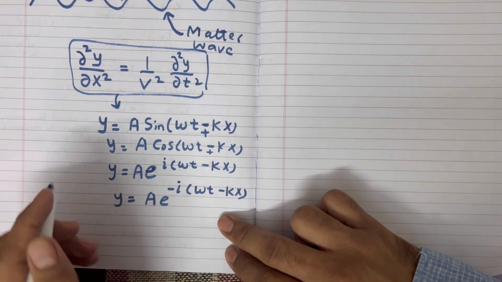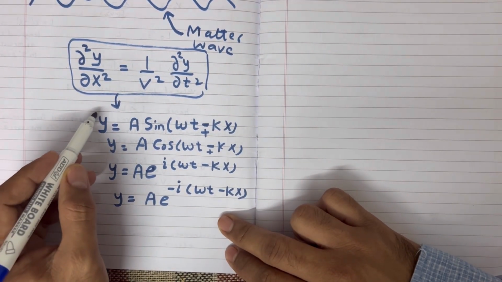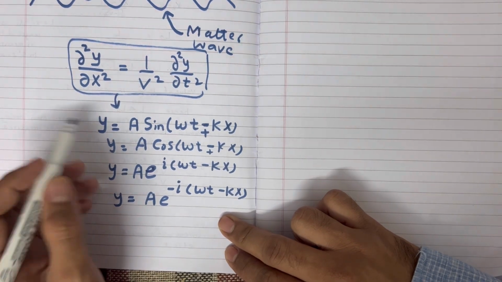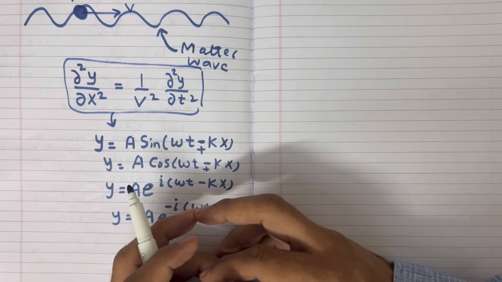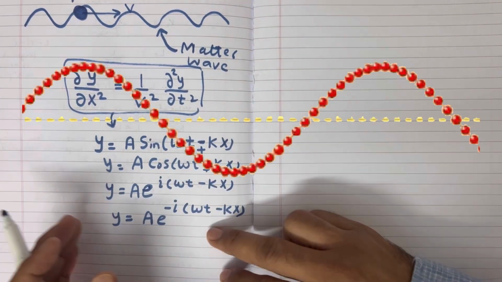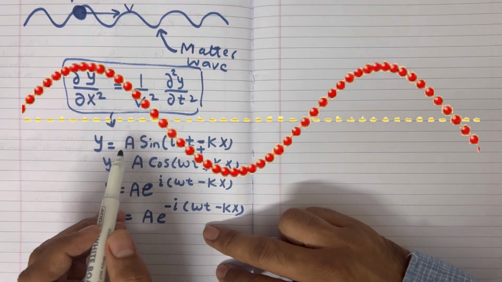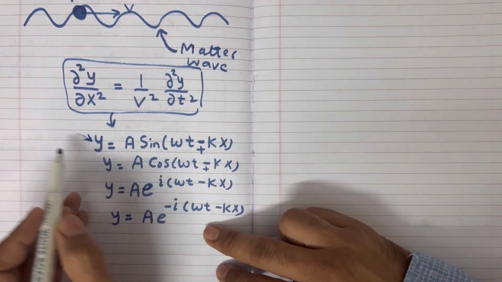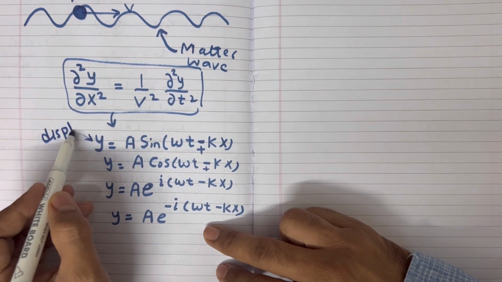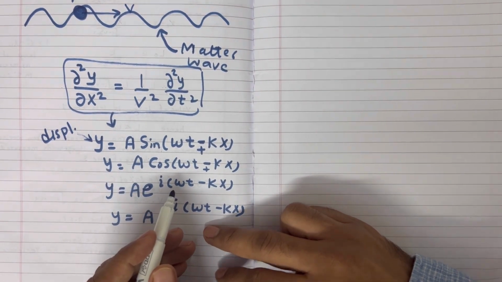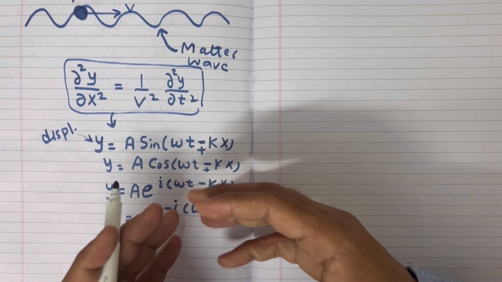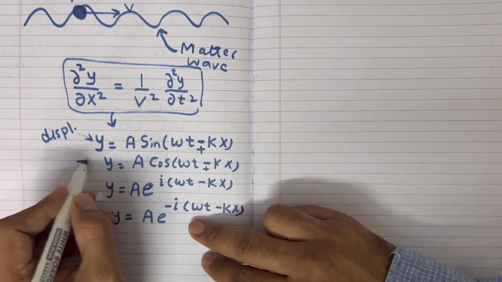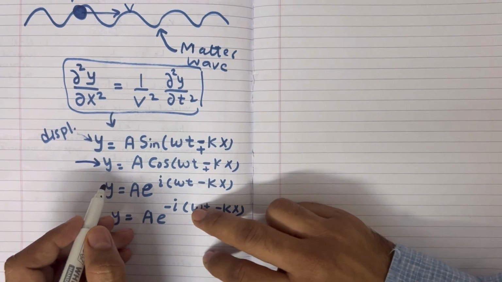Okay. Now the thing is, here y represents some quantity. Suppose there's a wave which is forming on a string. In the case of a wave on a string, this y represents the displacement of the wave, the displacement of the particles of the string. If you are talking about electromagnetic waves, we know electric and magnetic fields are present.